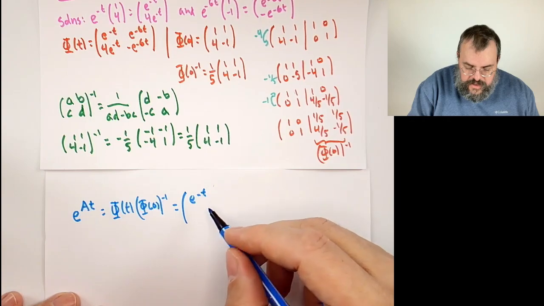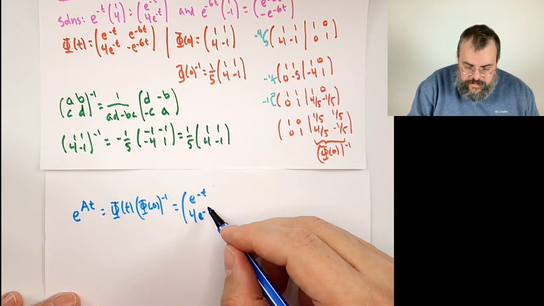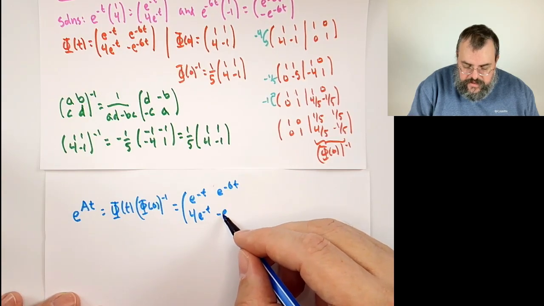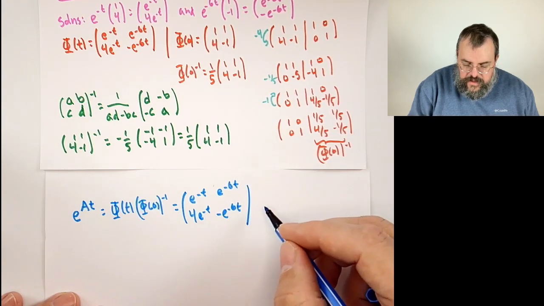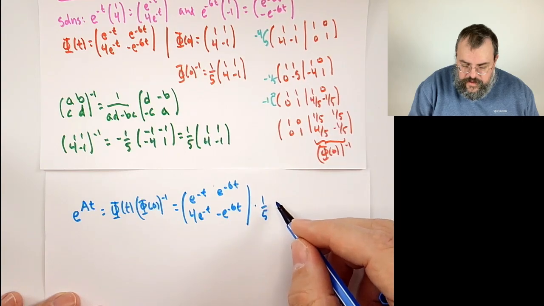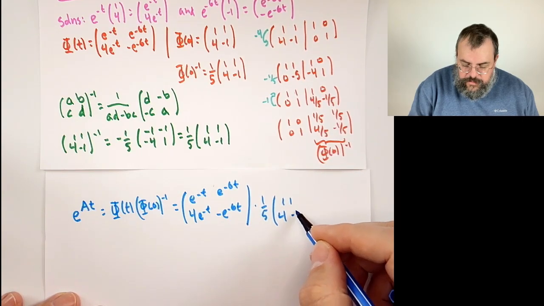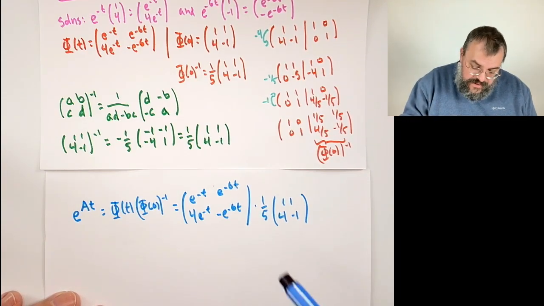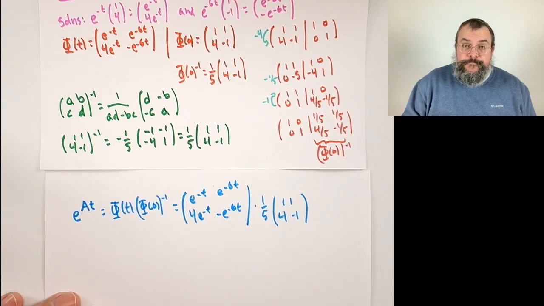E to the minus t, 4 e to the minus t, e to the minus 6t, minus e to the minus 6t, and 1/5, 1, 1, 4, minus 1. Now, I could multiply these out, but justifiably, this is e to the at. So I'm going to leave it like this.